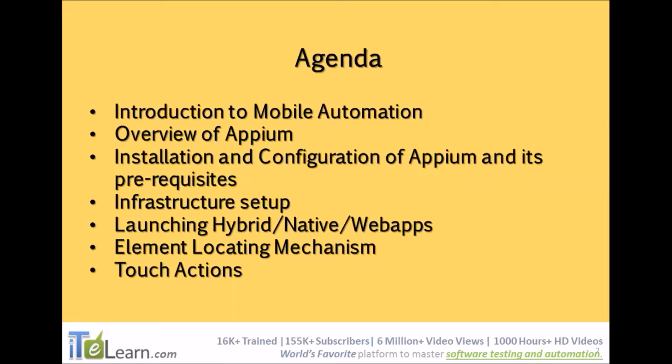Then I will explain how to install and configure it, and what the different prerequisite software are that you should have to make it up and running. Thereafter, once Appium is up and running, you need an infrastructure where your test automation should be running.